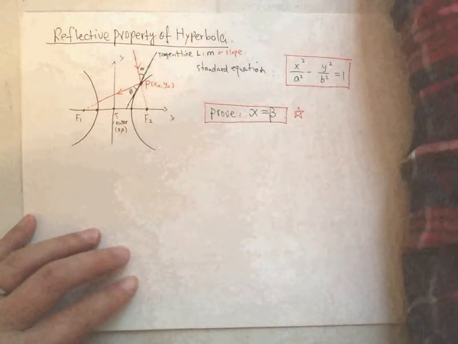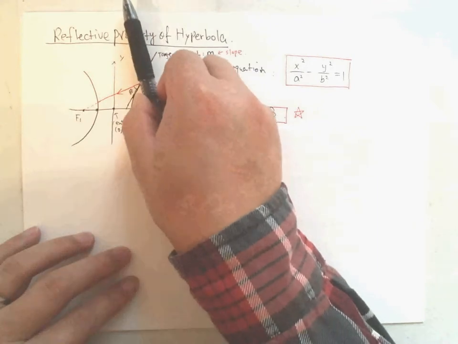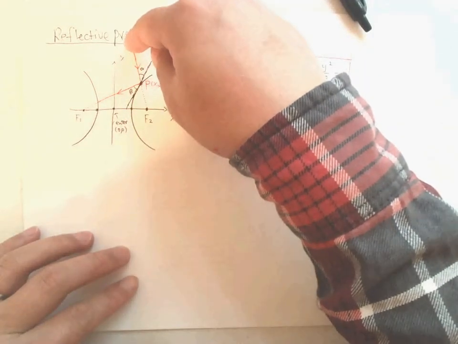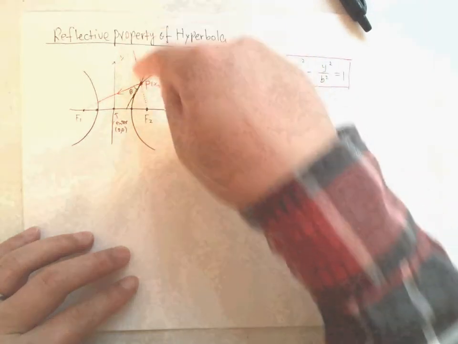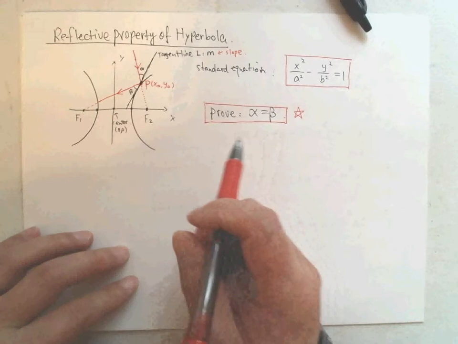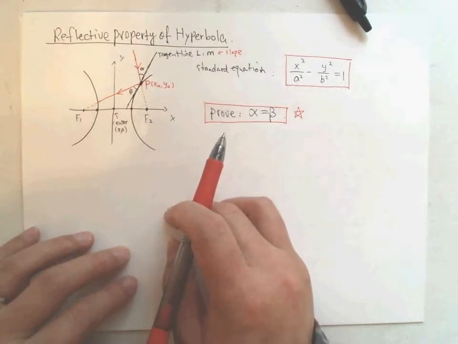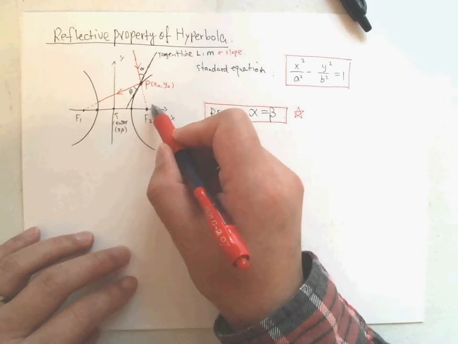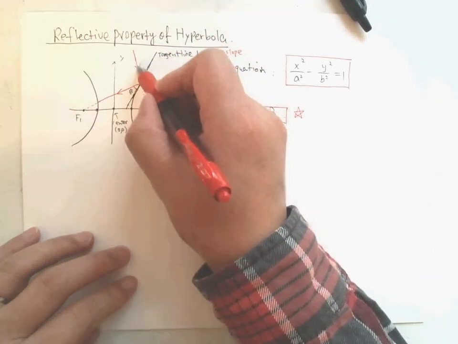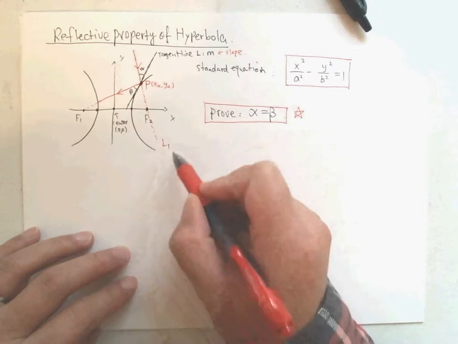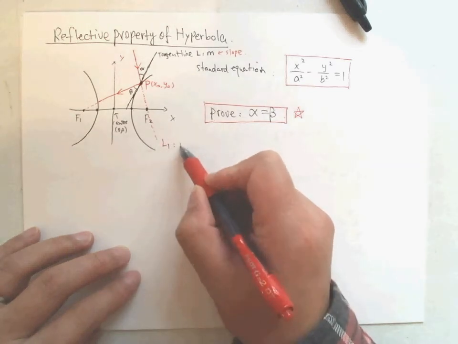We need one more line, which is this line, the light ray coming in, PF2. I give this line the name L1. I extend it longer. This is L1 with the slope m1.